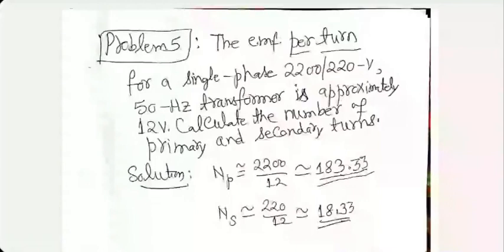Calculate the number of primary and secondary turns. It's very straightforward. Take the primary voltage, divide by 12 to get NP. Take the secondary voltage, divide by 12 to get NS. Okay, no big issue here at all.